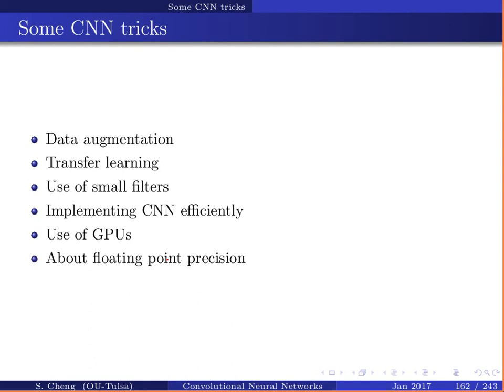For example, data augmentation, there's some of the CNN tricks we can go through, like use data augmentation to take advantage of that. If you don't have enough data, just be creative and generate more data. And use of small filters, we already mentioned that. Implementing CNN, we didn't mention that.